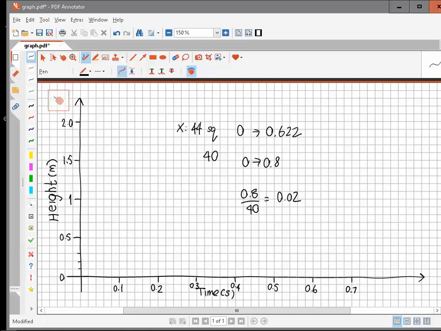I need not go any more because there are no x values that are beyond 0.7. So I will stop there.